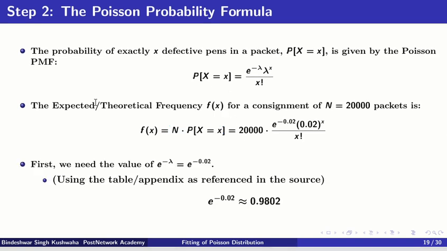So if x is equal to 0, then the powers are 0 and the factorial is 1, so this value is 0.9802.